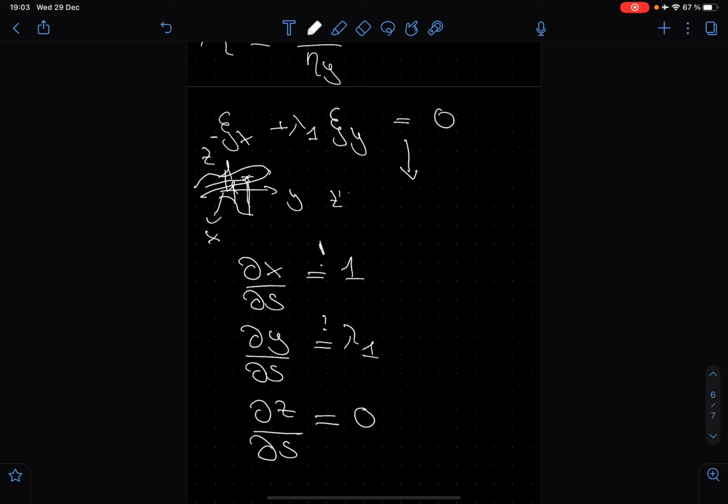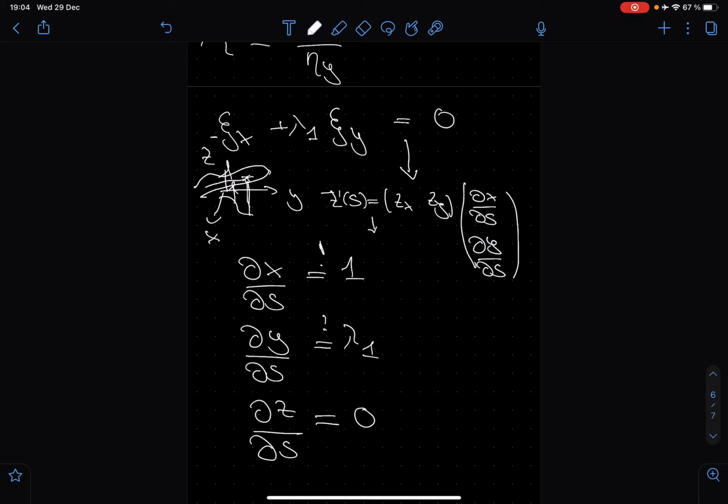So dz/ds will be the vector (z_x, z_y) times (dx/ds, dy/ds). This means that z along s has to be constant in R space.